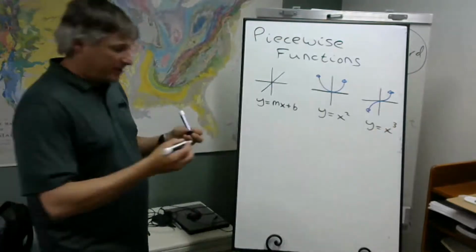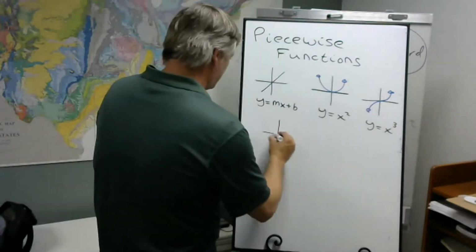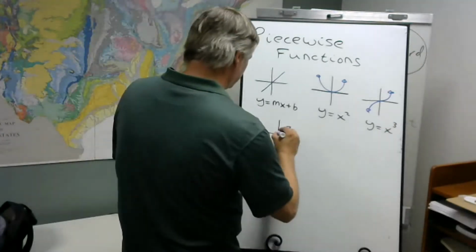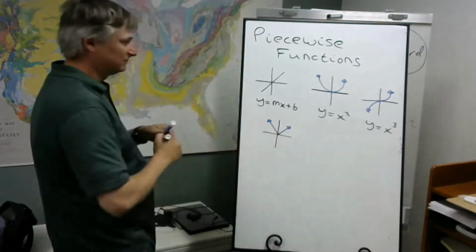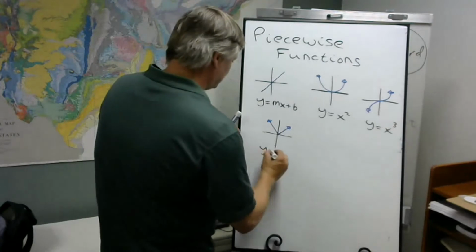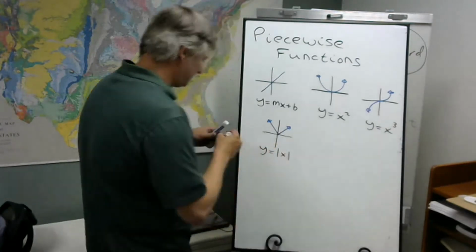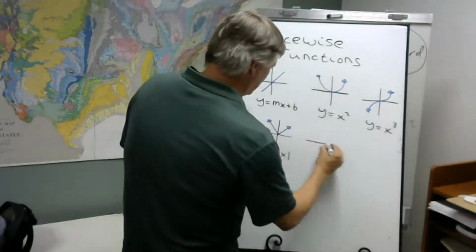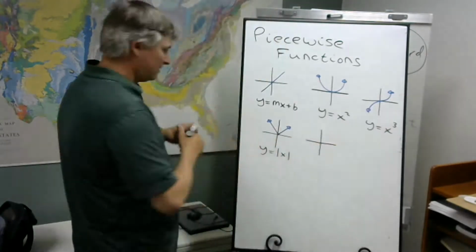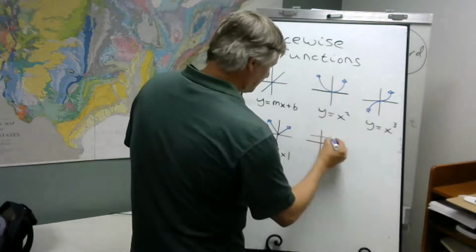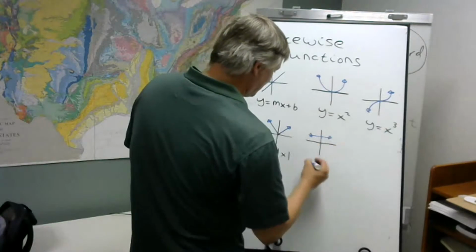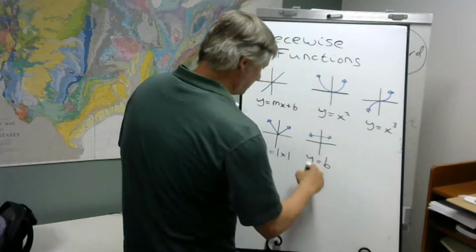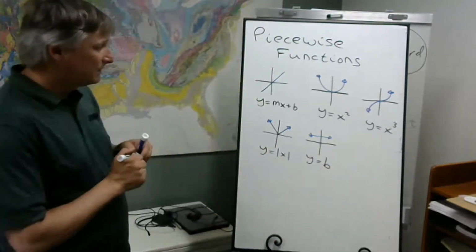We have, say, the absolute value. We have horizontal lines, y is equal to a constant.